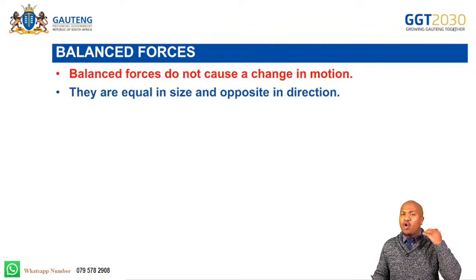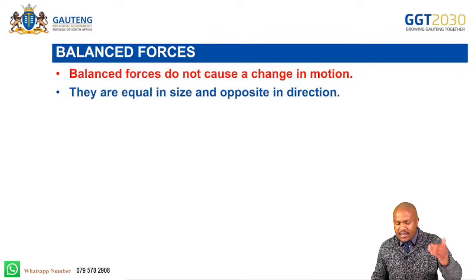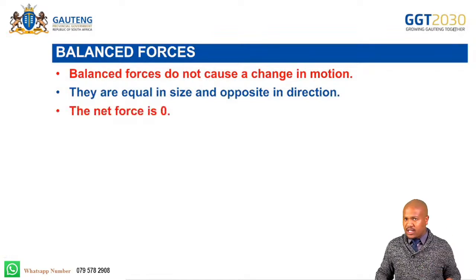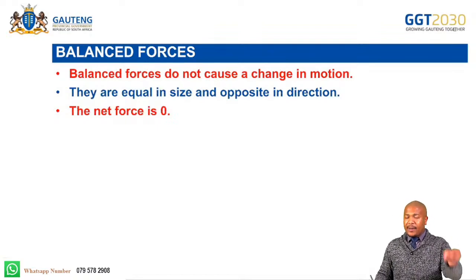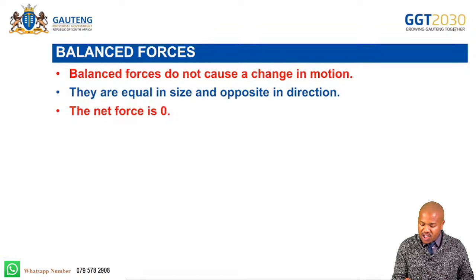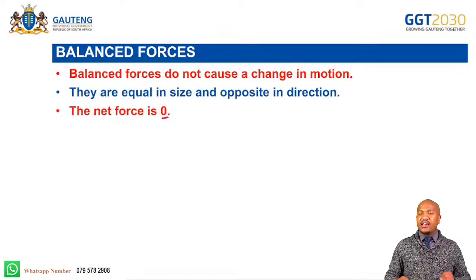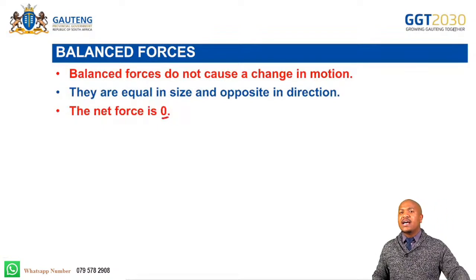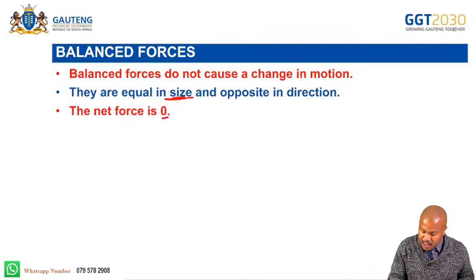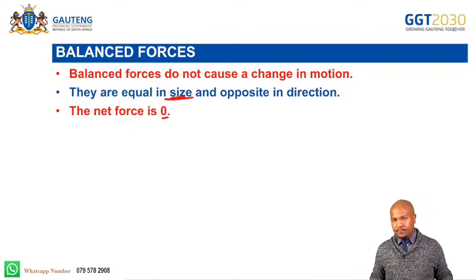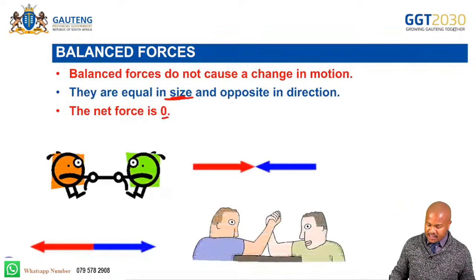There will be no movement, and there will be no resultant force, because they are equal in size but acting in opposite directions. Hence, we say that they are balanced and the net force is going to be 0 because there will be no change in motion because of the equality in size.